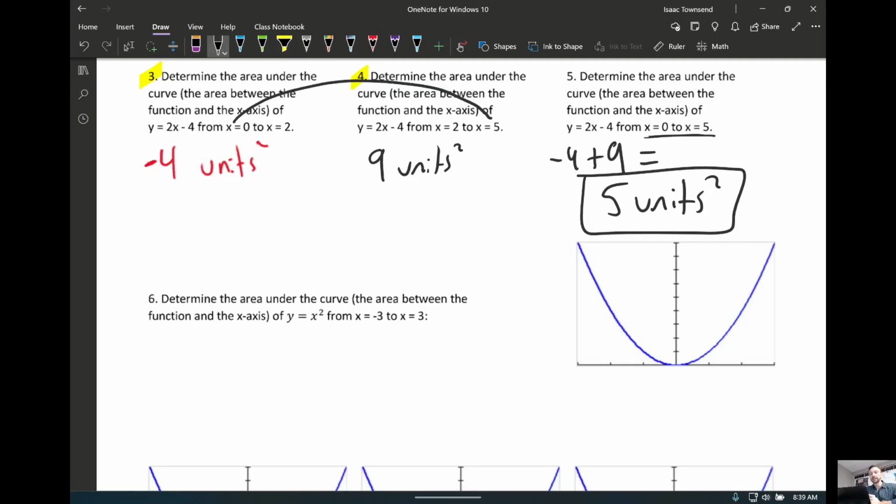Question 6, determine the area under the curve of x squared, which I've already graphed for you, from -3 to +3. So in the first 5 questions, we could split things up into triangles or rectangles, use the regular old geometry formulas that we're familiar with, and then we can piece those together.